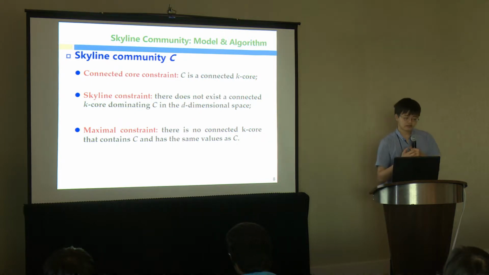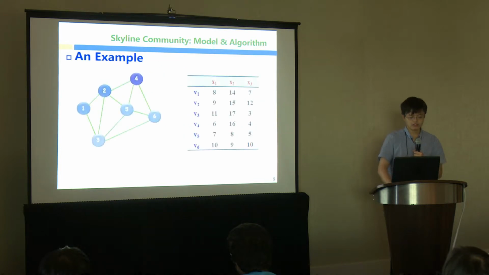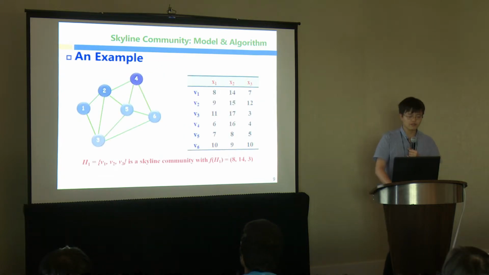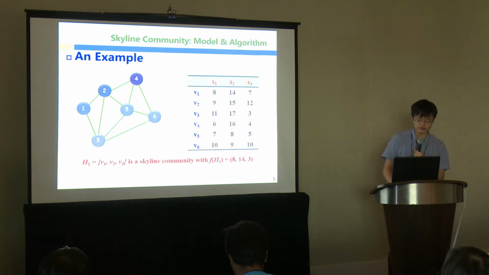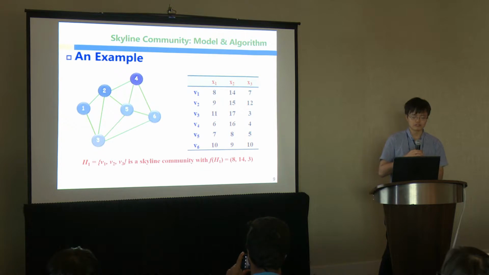Next, the community should not be dominated by any other community in the Skyline. Finally, it should be a maximal community. If we don't find the maximal community, the result will be exponential. So here is an example: V1, V2, V3 is a Skyline community which has the values 8, 14, and 3.